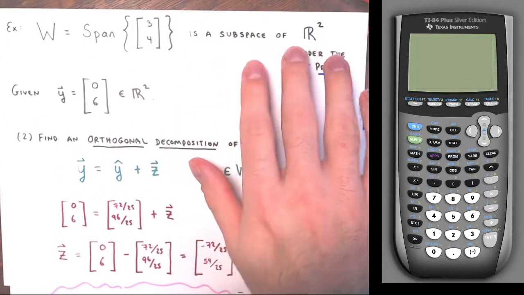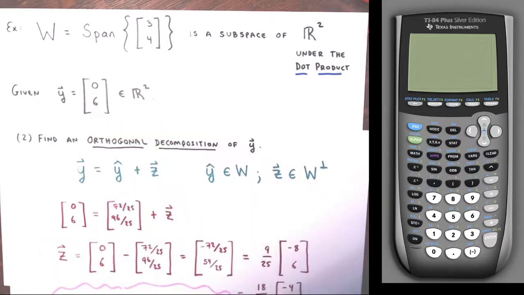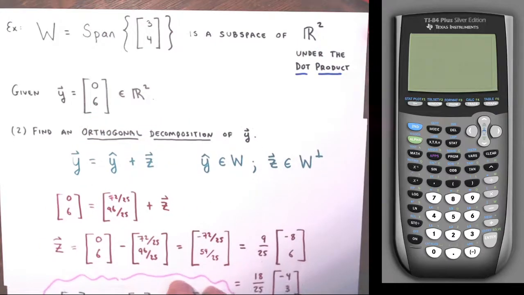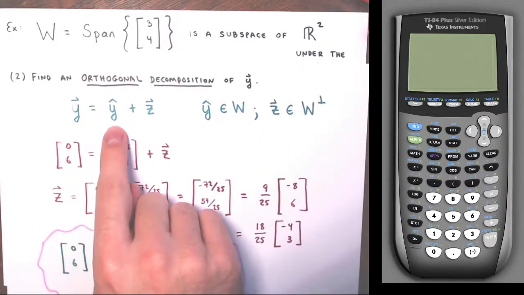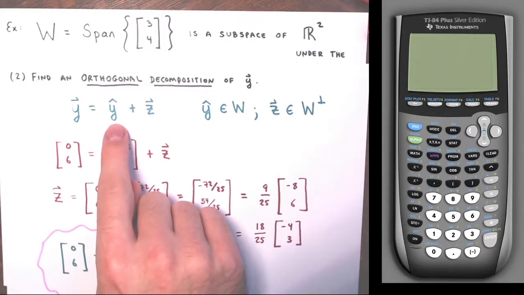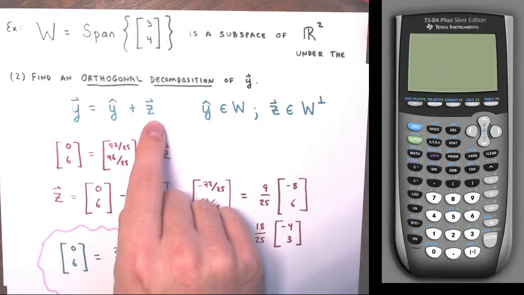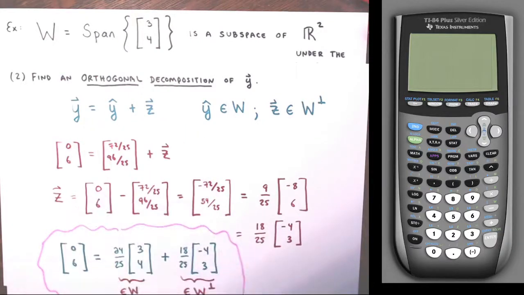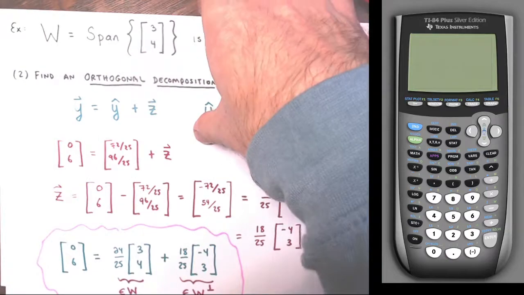Take any vector from R2, and you should be able to express it as a vector from W, which is the projection vector onto W, plus some vector from the orthogonal complement of W. Okay, so that was an example in R2.